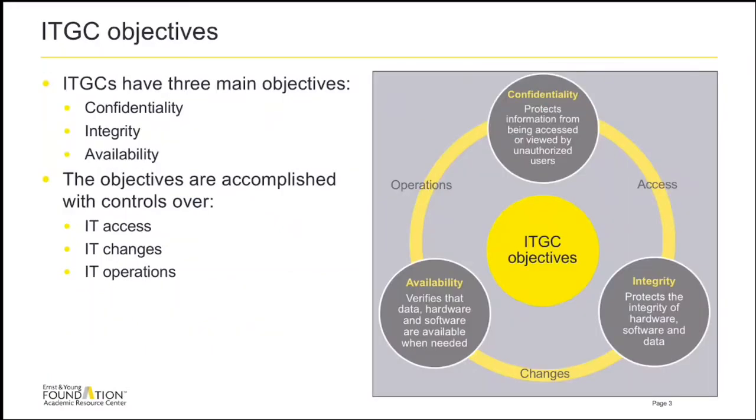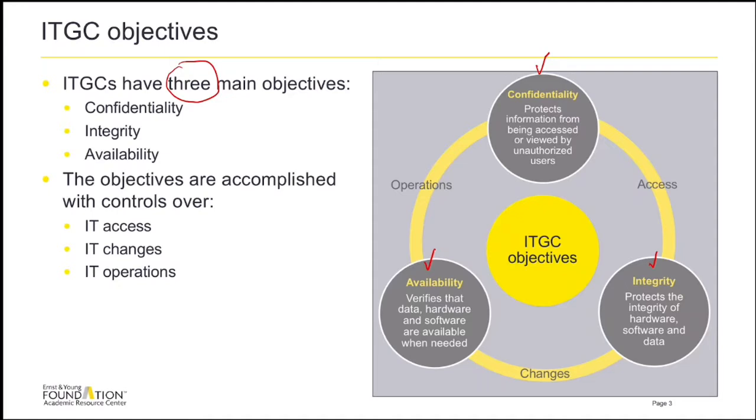Okay, so ITGC has three main objectives. You can see confidentiality, which protects information from being accessed or viewed by unauthorized users. Integrity protects the integrity of hardware, software, and data. And availability verifies that the data, hardware, and software are available when needed.